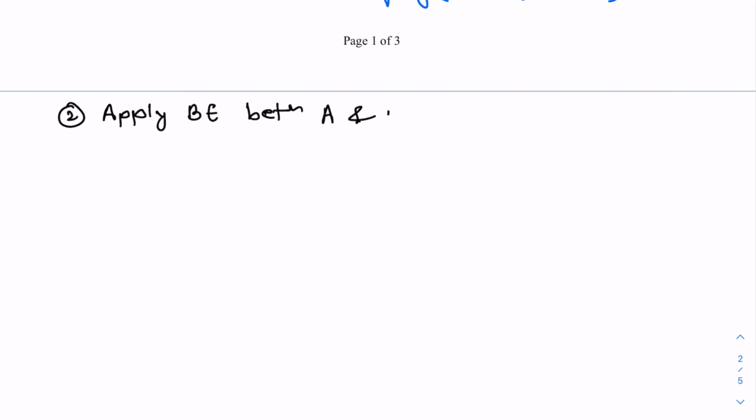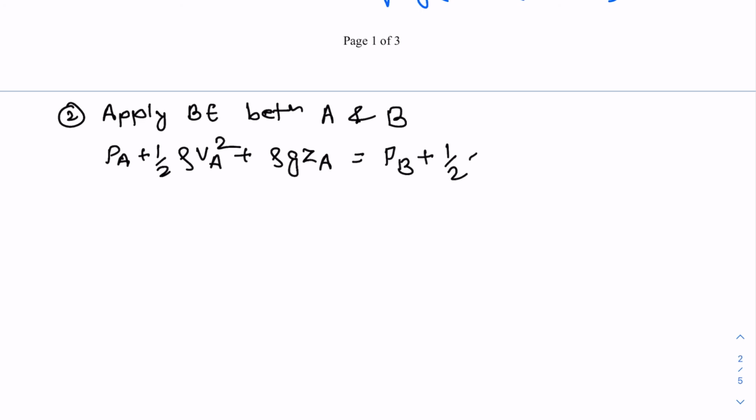A and B. So PA plus half rho VA square plus rho G ZA is PB plus half rho VB square plus rho G ZB.